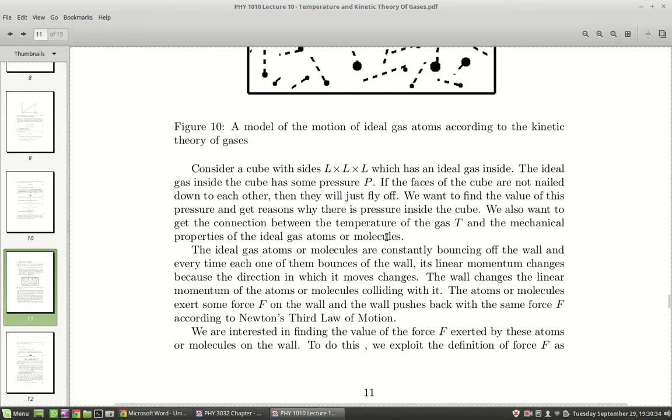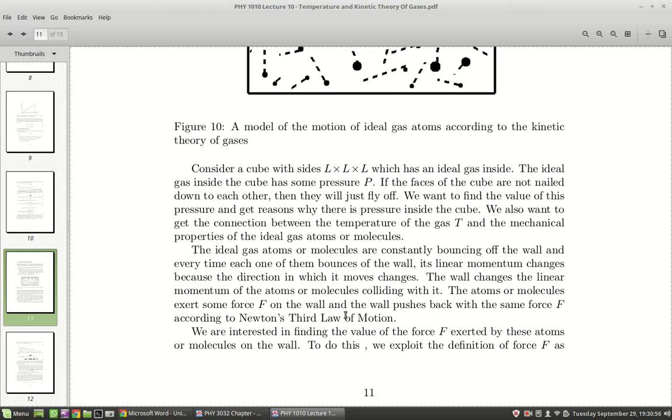Each group has n divided by 3 atoms: n/3 moving left to right, the other n/3 moving up and down, the other n/3 moving in and out of the page. That's the first assumption we make. So we account for all the atoms, where they are, and which directions they're moving.